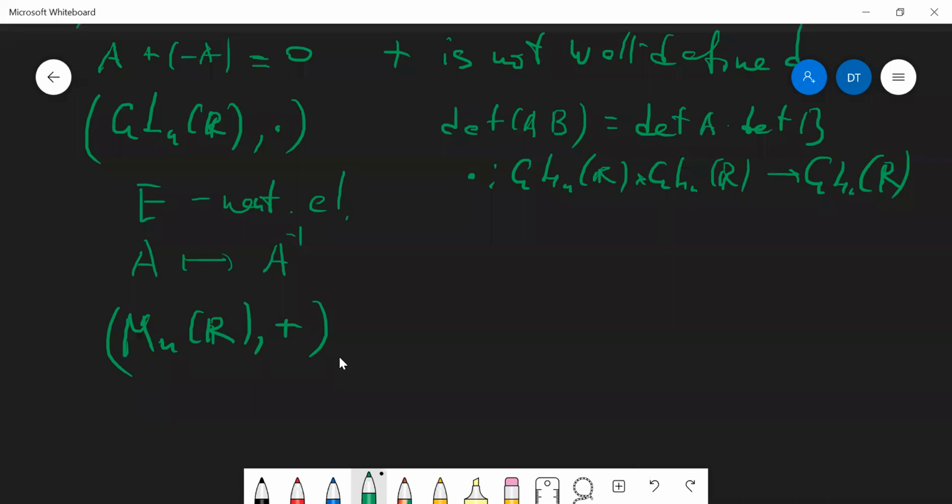Now, do matrices form a field? No, matrices do not form a field. A field must be commutative, first of all, but matrices are not commutative. Even more, a field must contain no zero divisors, and matrices contain a lot of zero divisors.